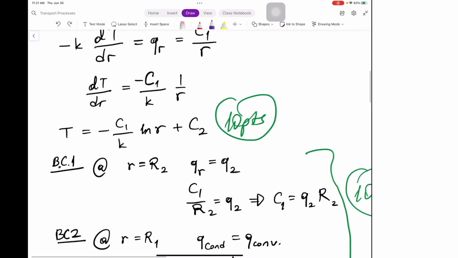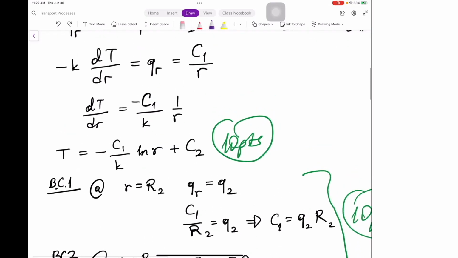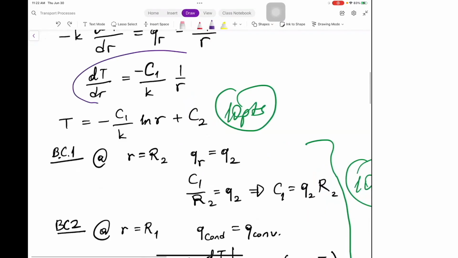And then you divide by minus K, and then you find this differential of temperature with respect to R is some constant times 1 over R. And you take the integral, basically you multiply both sides by dr, and then you take the integral of both sides, right?